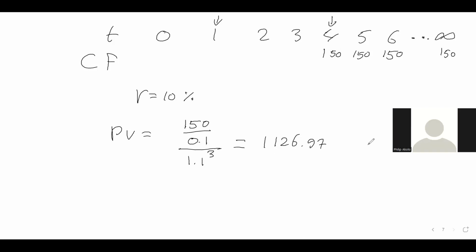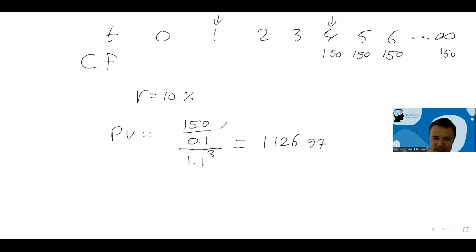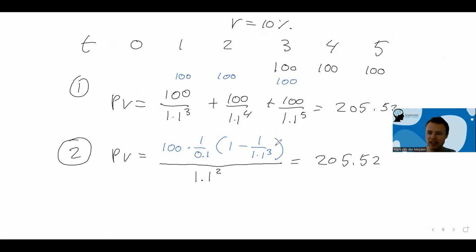The last example we had, we also added 1 minus 1 divided by 1.1 raised to the power 3. So here we had the 1 minus. So your question is, why do we use the 1 minus here and not in this case? That's because it's a different formula. If you have a finite time period, an annuity, then you have to use the 1 minus, because here we only had it until time period 5.